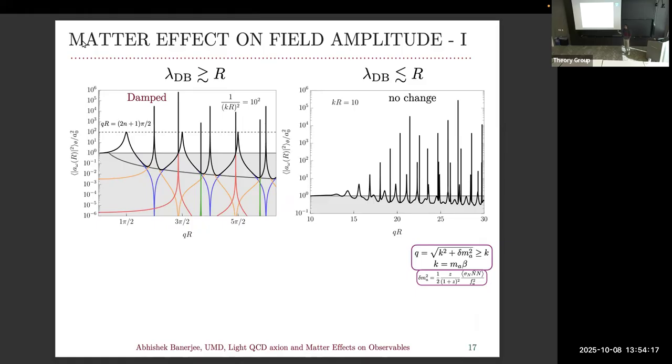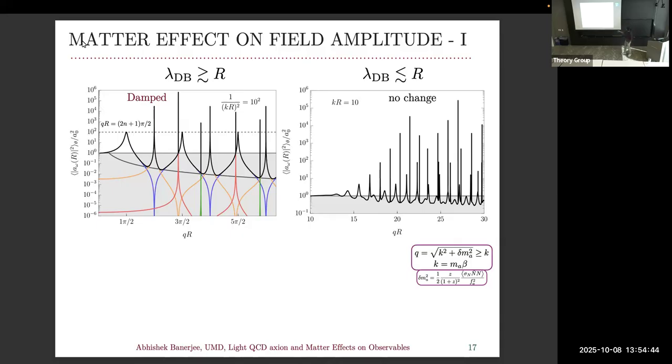So I'm really looking at the change, the enhancement or the decrease, as a function of qR, the momentum inside the potential well. For two cases: here the de Broglie wavelength is greater than R, and here the de Broglie wavelength is less than R. The de Broglie wavelength outside is 1 over k. So kR is 0.1 here, and here it's 10. So these are the two cases.